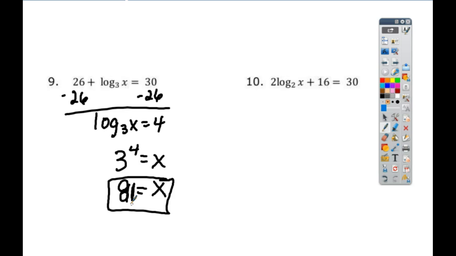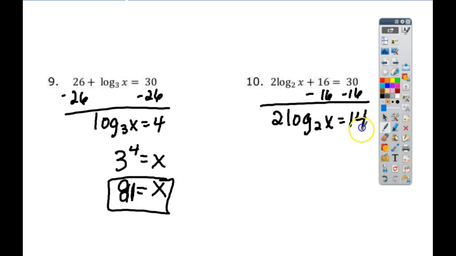Thank you. So, number 10. What do I do first? All right, so if I subtract the 16, divide by 2, and then we have to do the circle, right?